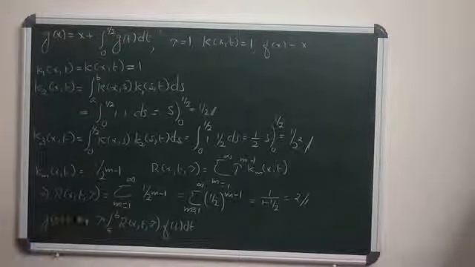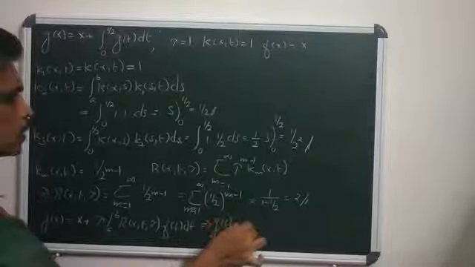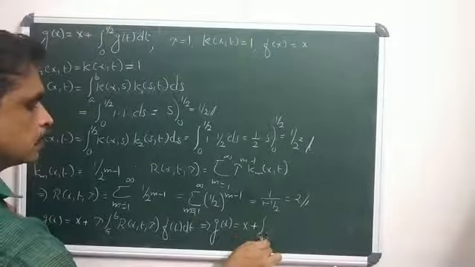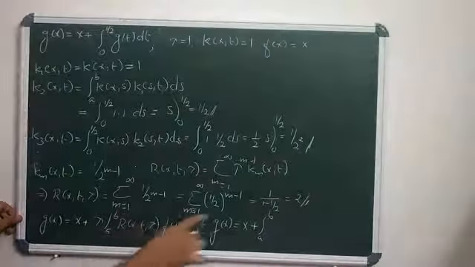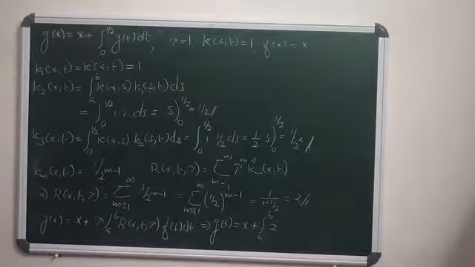Here f(x) is x, so g(x) equals x plus lambda, and lambda is 1, into integral a to b R(x,t,lambda), that is 2, into f(t) dt.